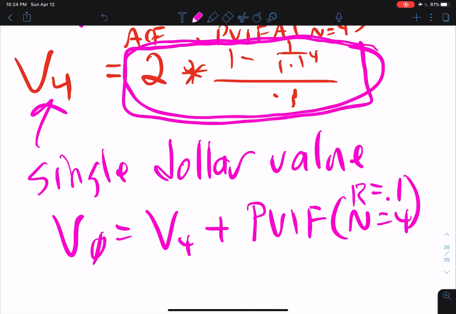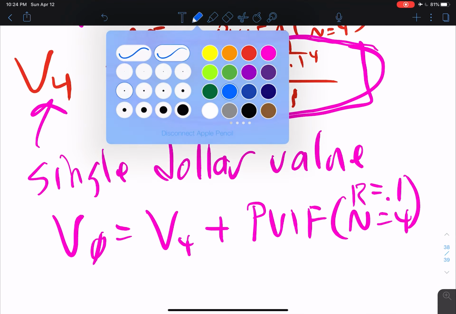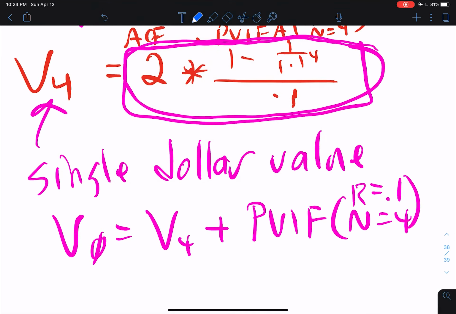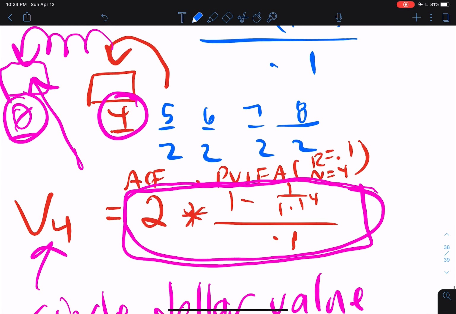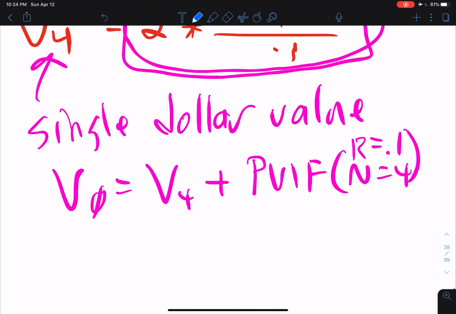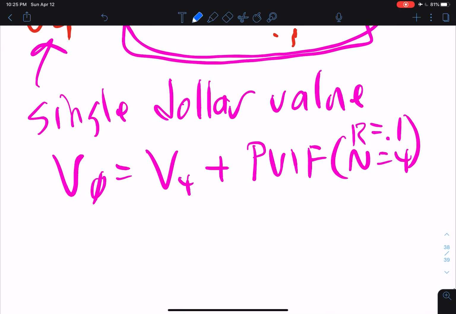Remember, the meaning of N for a PVIF is the number of periods we're moving back in time. Just as a reminder, the meaning of N for a PVIFA is the number of cash flows in the annuity, just as the meaning of N in an FVIFA formula was also the number of cash flows in the annuity.